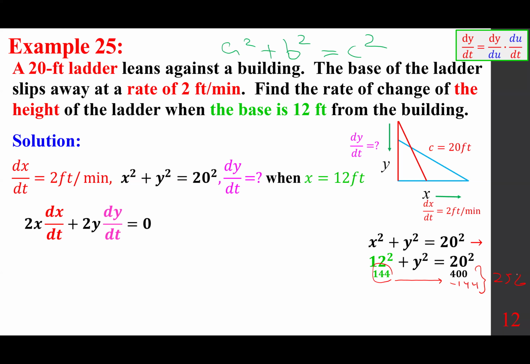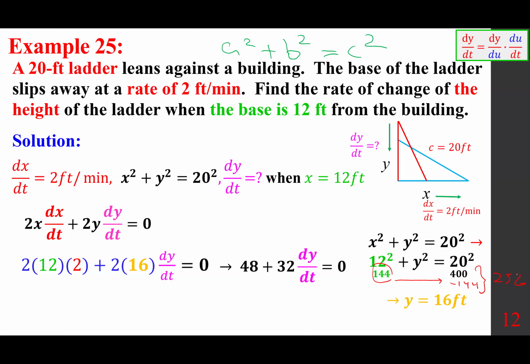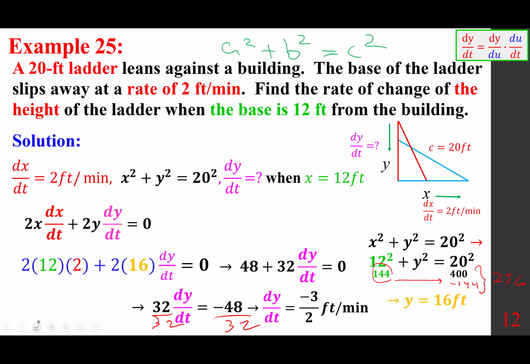Subtract from 400, you get 256, take a root, becomes 16, and now you got everything, plug in, and it gives you dy/dt, which is negative 3/2 feet per minute. As I've mentioned always, x is increasing, dx/dt is positive. y is decreasing, dy/dt must be negative, and it is.